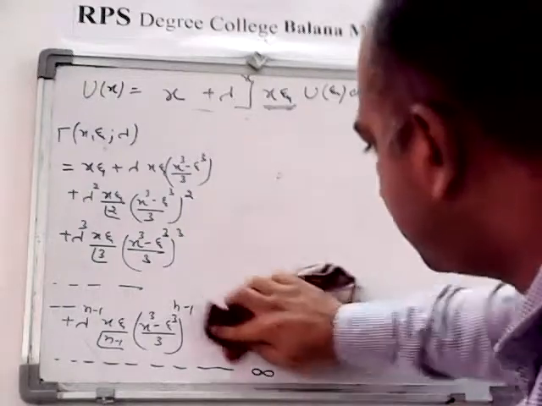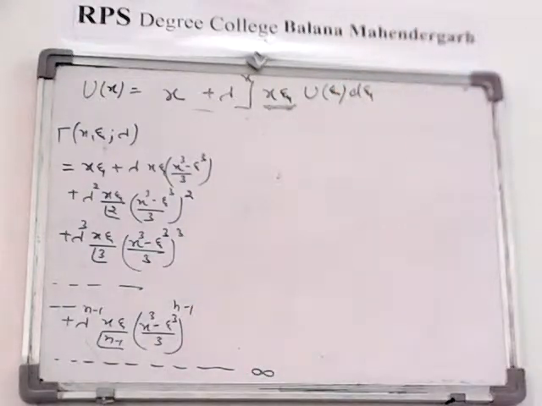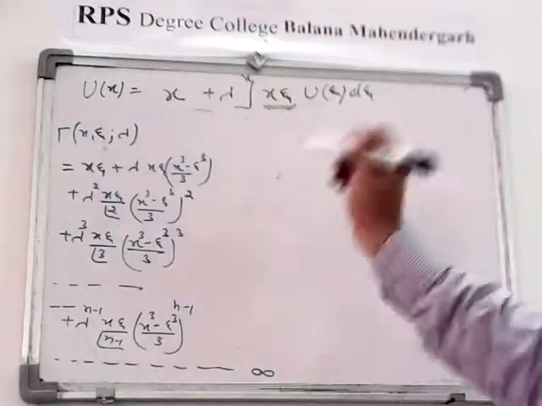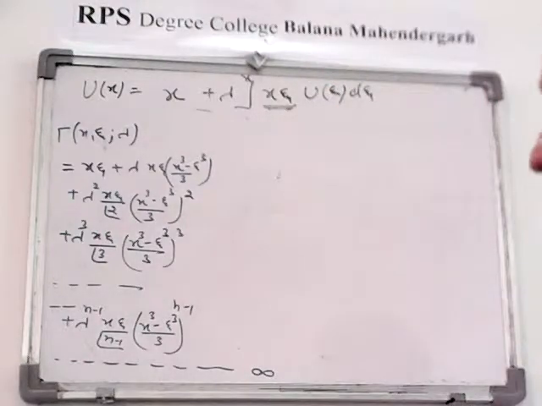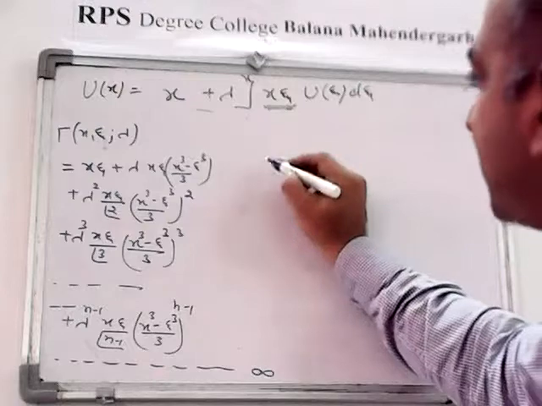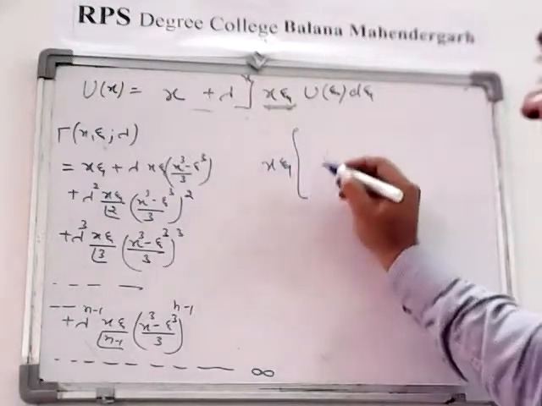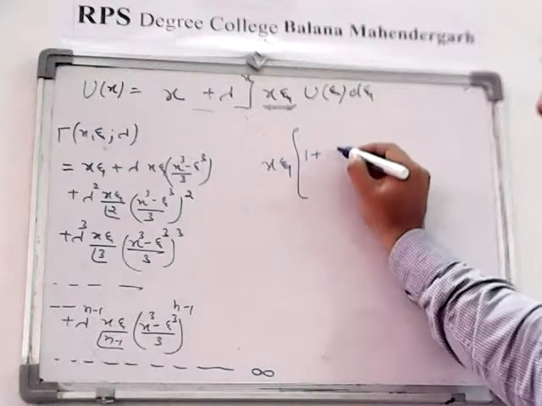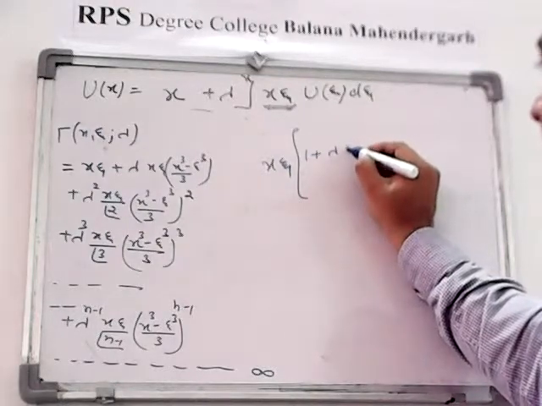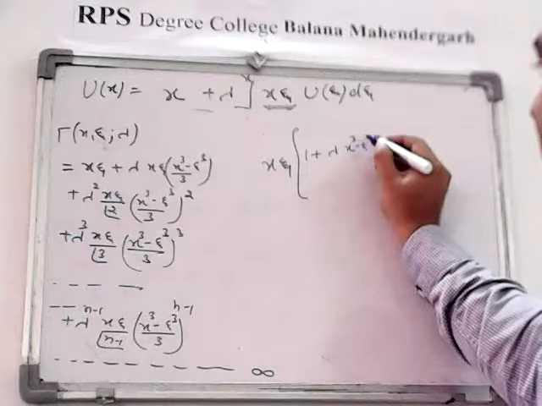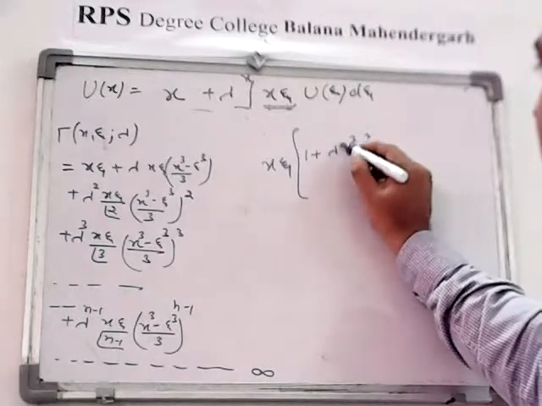Now, what is the value of the resolvent kernel? In this series, xi is common, so we will take xi common. Inside we will have 1 plus lambda (x cube minus xi cube) by 3.